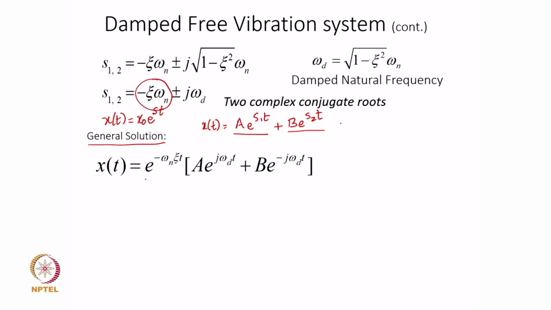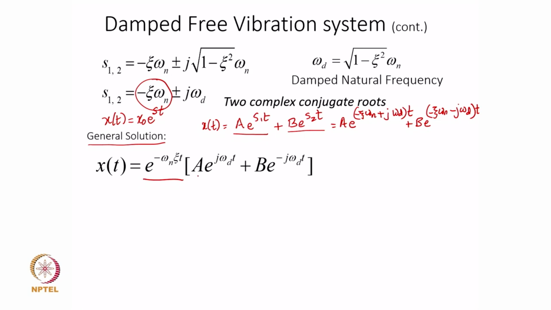The equation goes like a e to the power minus zeta omega n plus j omega d into t, plus b e to the power minus zeta omega n minus j omega d into t. I can take e to the power minus zeta omega n t out as a common term, and that leaves the bracketed quantity as a e to the power j omega d t plus b e to the power minus j omega d t.